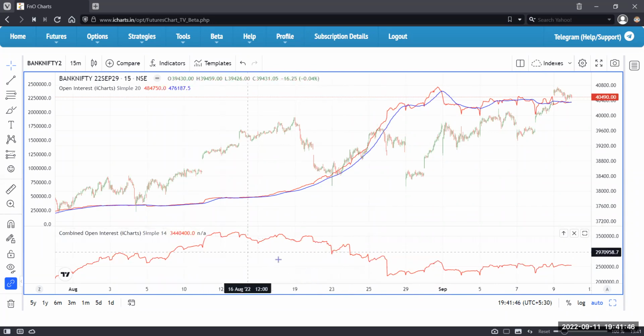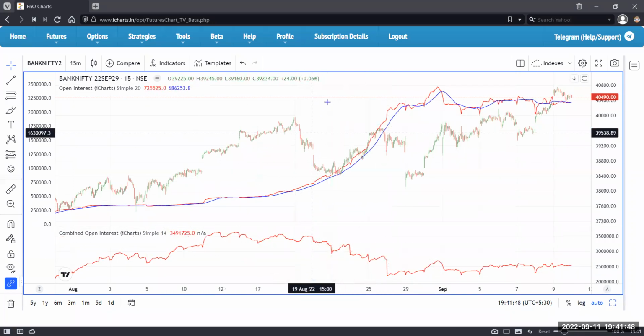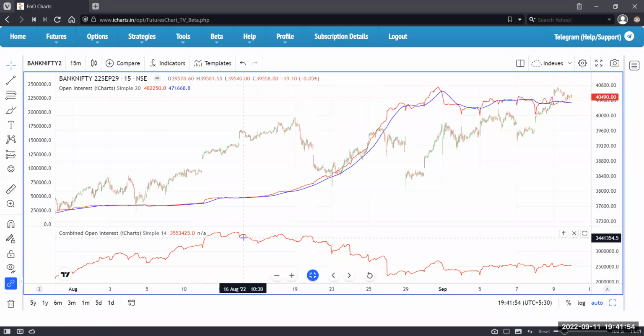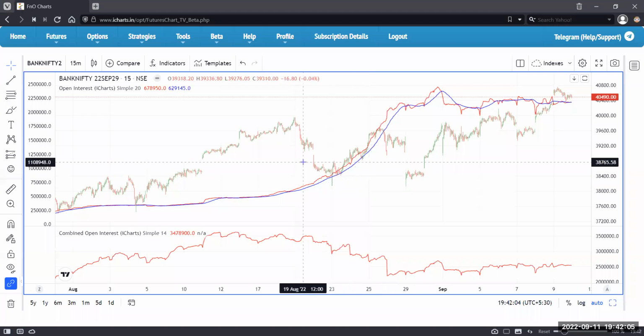In this also you can enable the moving average and then drag it over here and view it this way. All expiries means the expiries of the current month. If there are 4 expiries, it will be cumulative of all 4 expiries. Yes, futures only, futures expiries. Yes, all expiries.